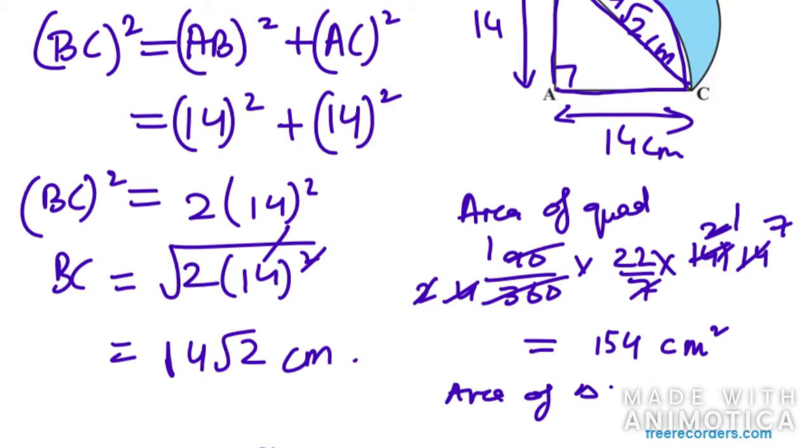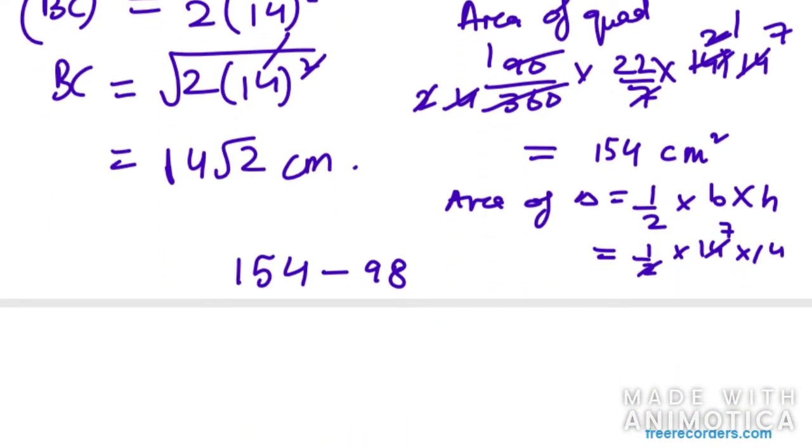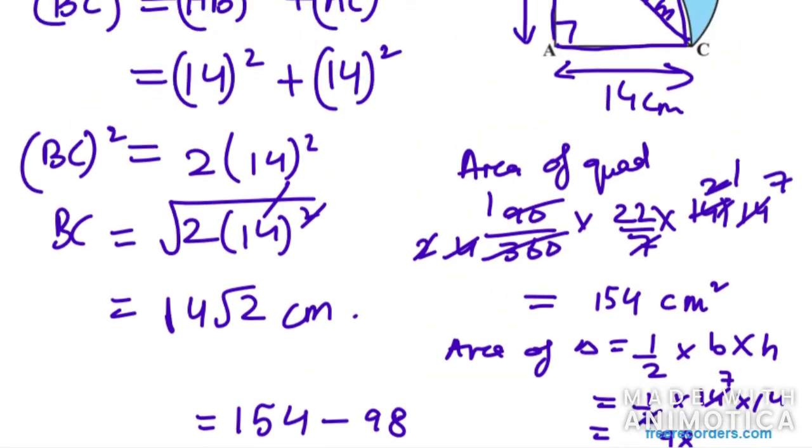Area of triangle is half base into height, that is half into 14 times 14. So 7 times 14 is 98. So 154 minus 98 will be 56 centimeter square. So now we get the segment part of this.